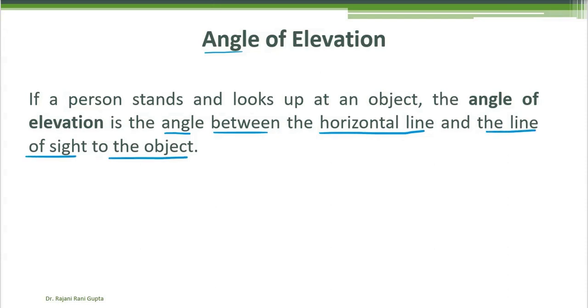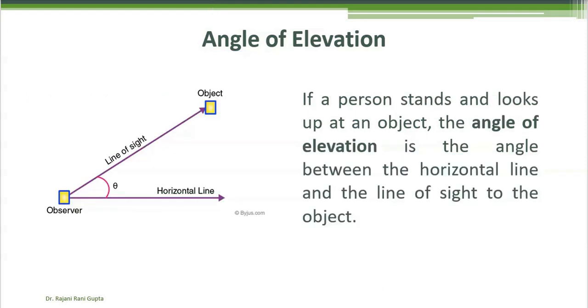Okay, so angle with horizontal line means this line, and suppose the object is here, so the line of sight to the object. Let's understand this with the help of a figure. Suppose here is the person who is observing an object, and the object is in an upward position.